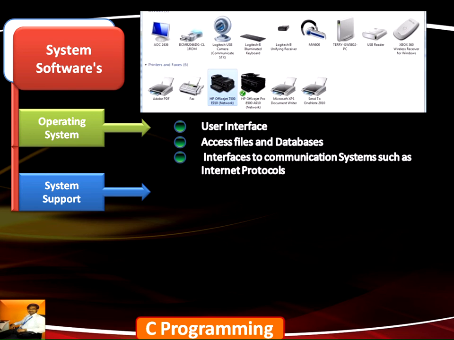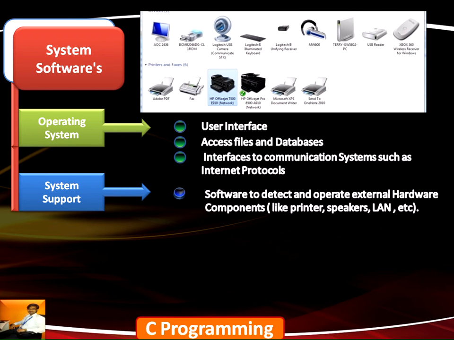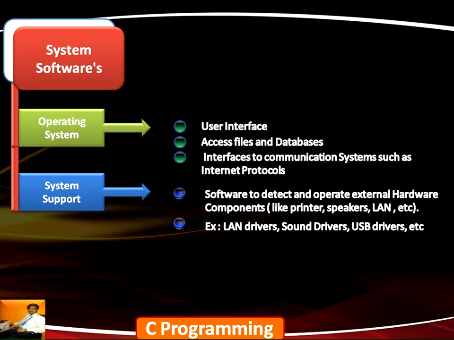System support software is such software which makes the external peripheral devices get detected and operate the external hardware components. Such kind of softwares are like LAN drivers, sound drivers, and USB drivers. Unless and until these driver softwares are installed in the PC or the computer, the external peripheral devices are not going to get detected and work.